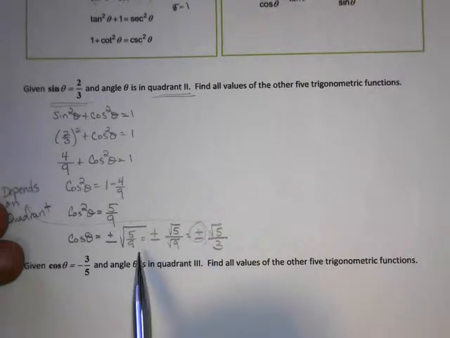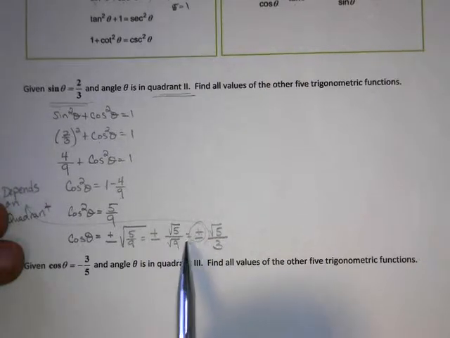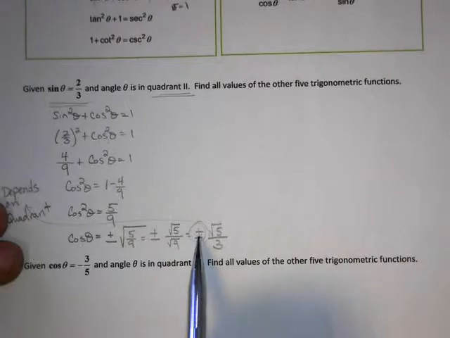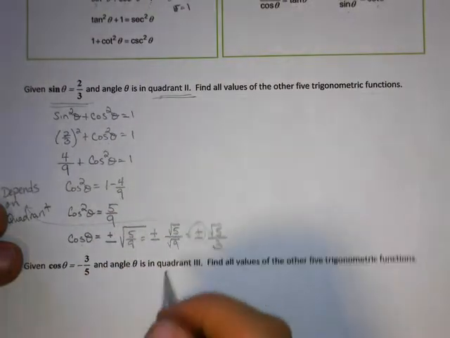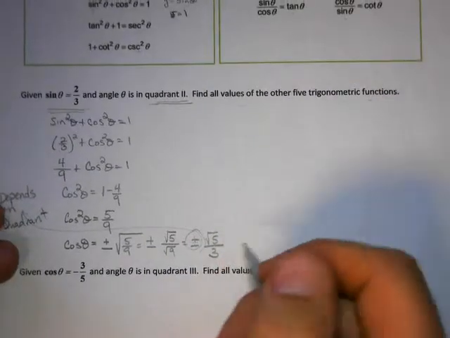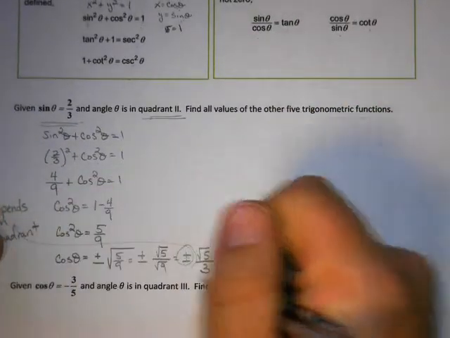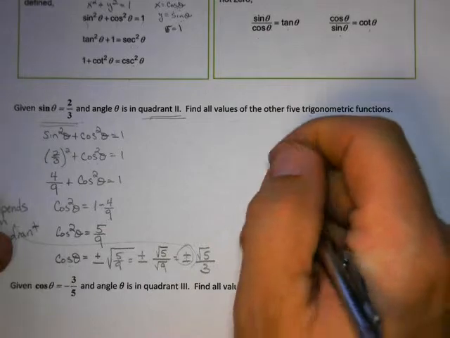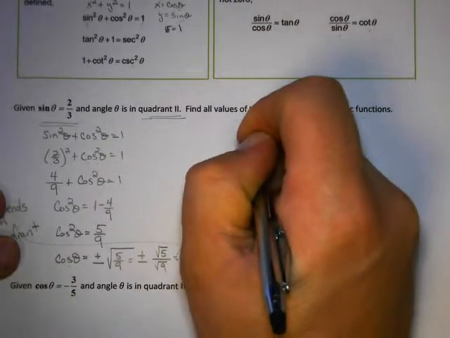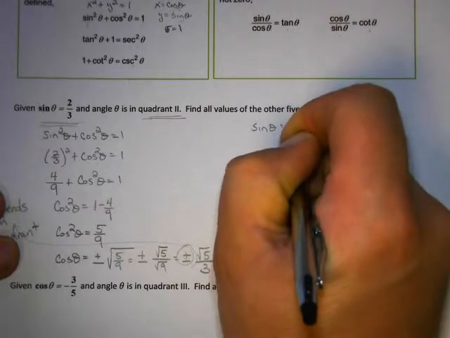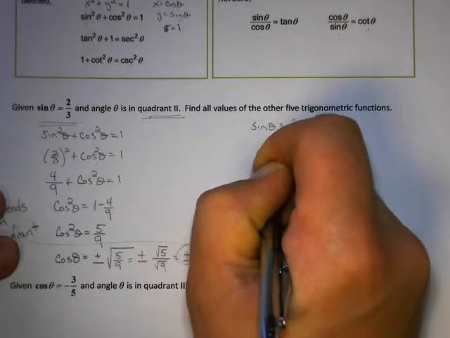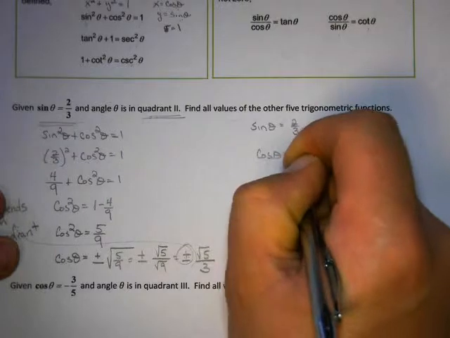If cosine's in the fourth, it's going to be positive. Since we know we're in quadrant 2 and cosine's negative in quadrant 2, our cosine's going to be negative square root of 5 over 3. So what we know so far is sine theta equals 2/3, and cosine theta, which is negative because we're in the second quadrant, is negative square root of 5 over 3.